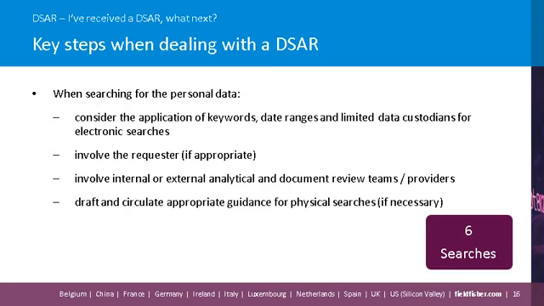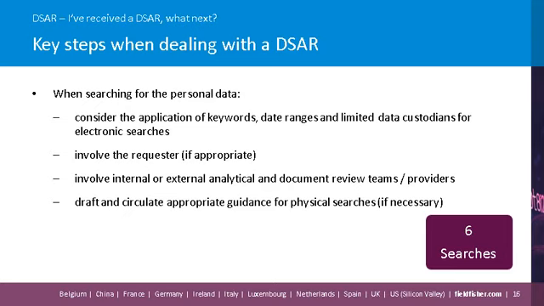You should involve the requester in this if appropriate, as I mentioned on the former slide. If it's a very large volume DSAR and you've got a lot of data to go through, you may then consult the requester and ask them if there's anything specific that they're looking for, or for additional information that would help identify the information that they have requested.